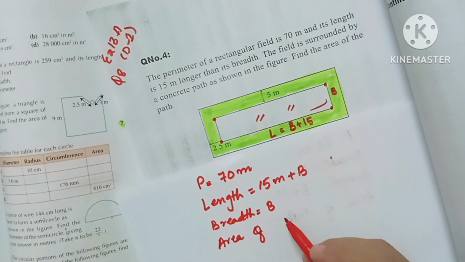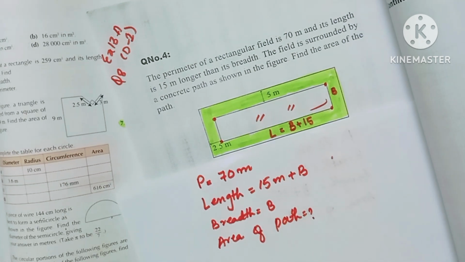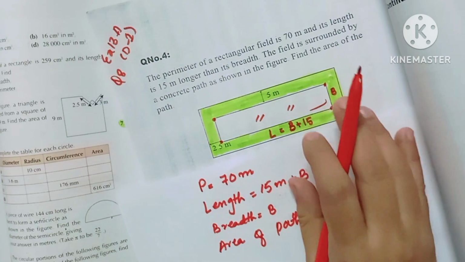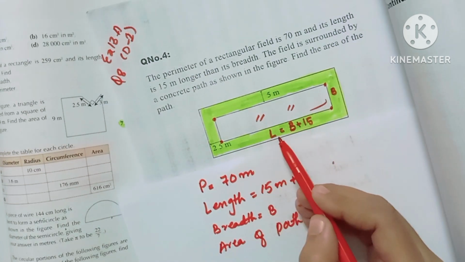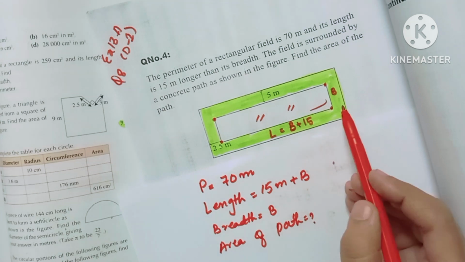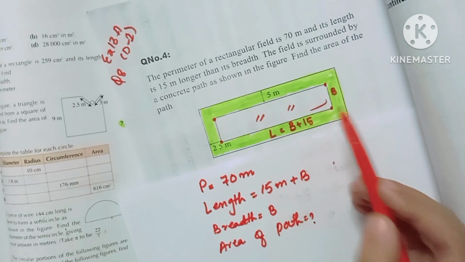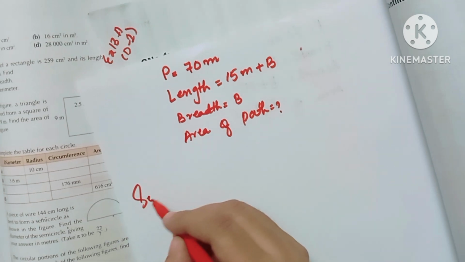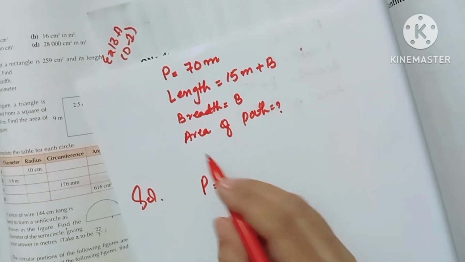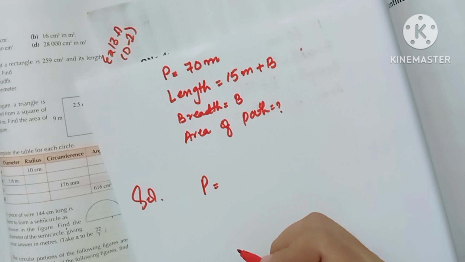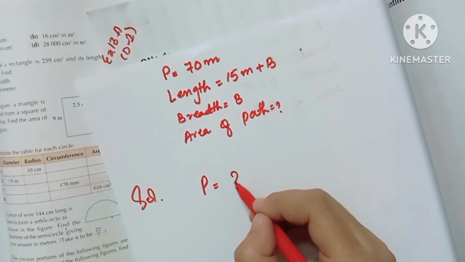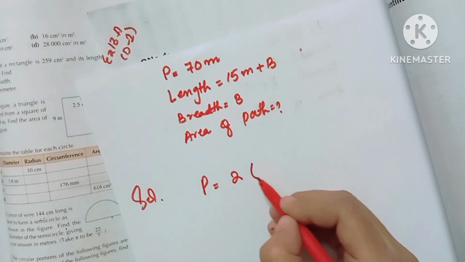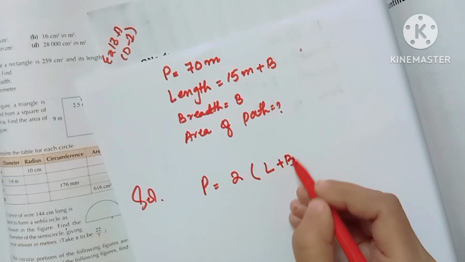Area of path, that is what we need to find. If this is length, then length is equal to B plus 15, and this is B. They have given us the information that P is equal to 70. According to the formula of a rectangle, the perimeter is P equals 2 times (length plus breadth).